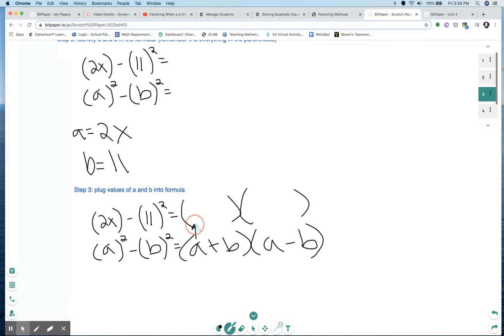We see an A here, so I'm going to put a 2x. We see an A here, so I'm going to put a 2x. Now we know B is 11, so wherever we see a B, I'm going to put an 11. And then the signs stay the same. So this is still plus and this is still minus. It would be different if this was a negative 11, then we'd have to account for that, but it's not.